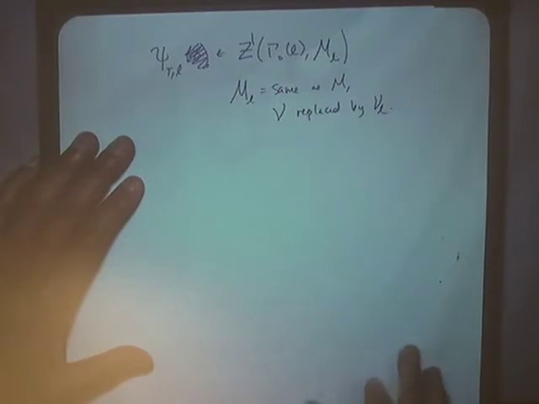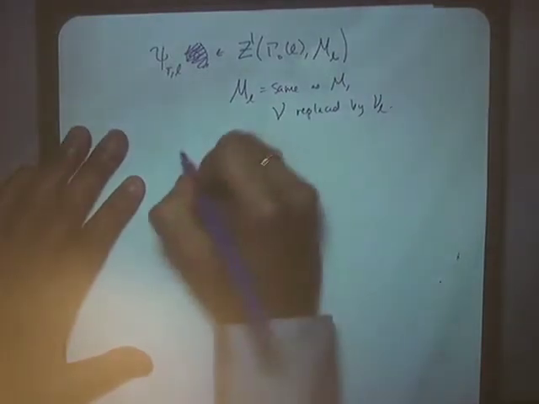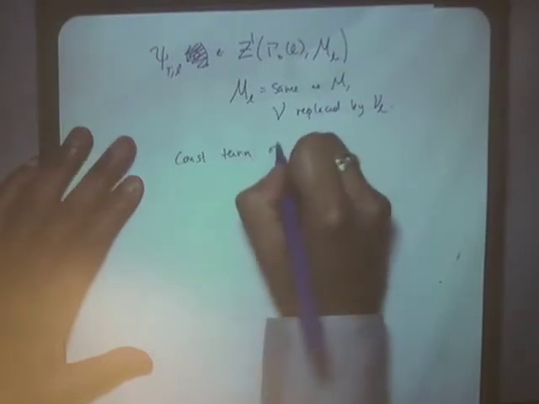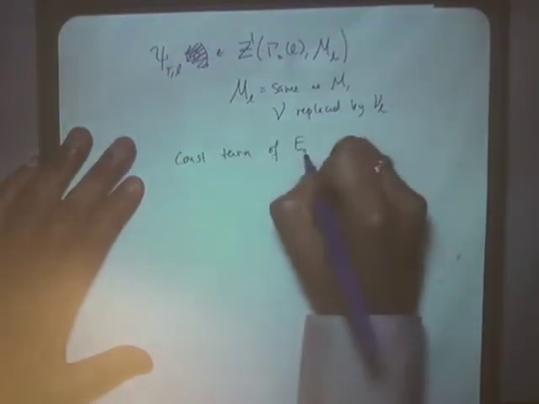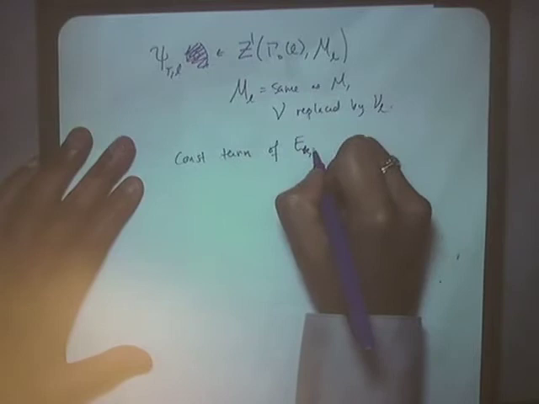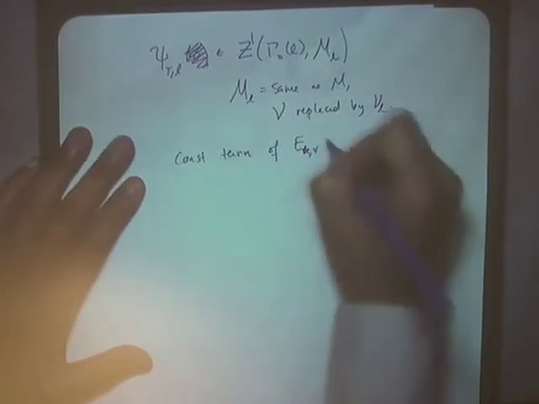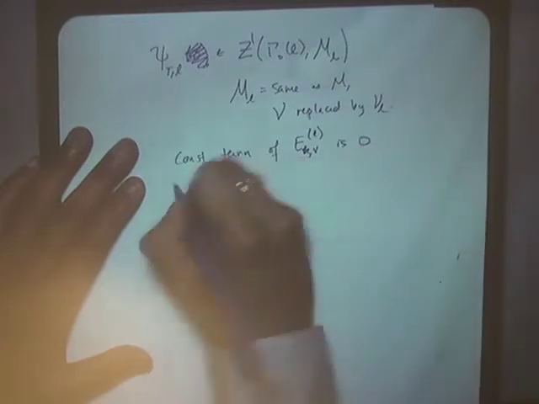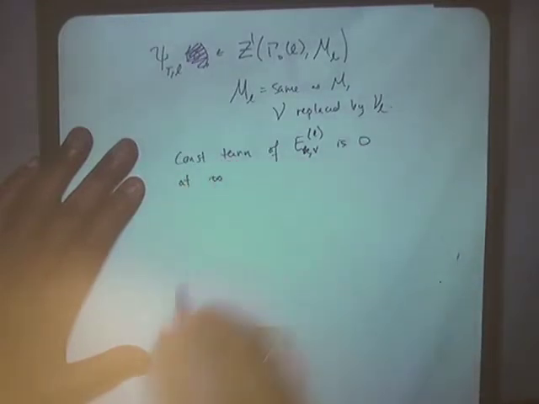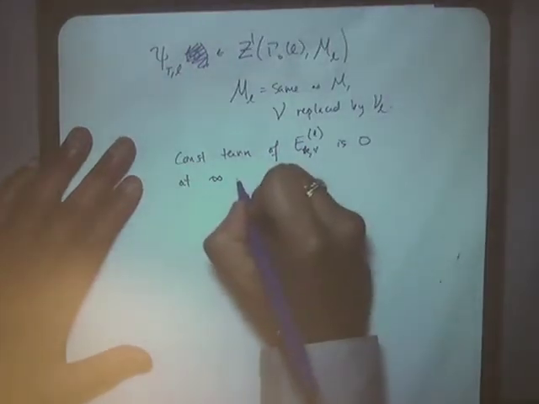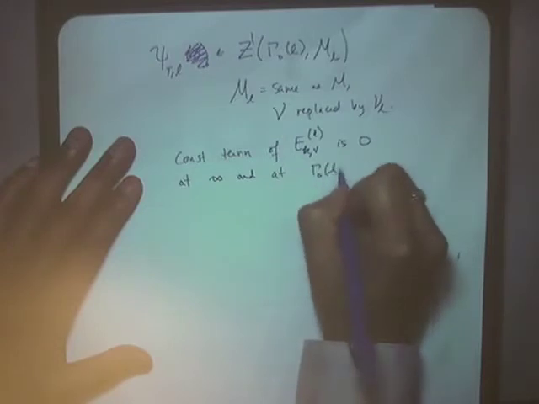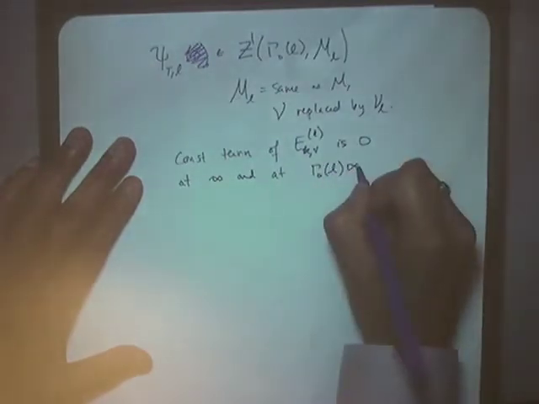Now, as I mentioned, the constant term of EK V superscript L is 0. So at infinity, that was the q-expansion argument I gave, and in fact at every gamma naught of L equivalent cusp as well.